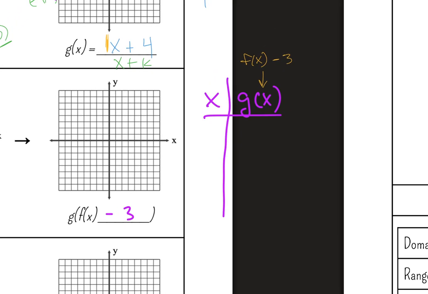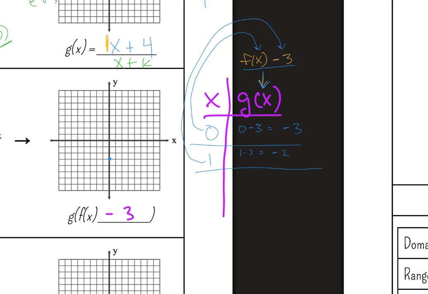So what we're doing is if I plug in 0, I'm plugging it in here because this is what's inside g of x, okay? So if I plug in 0, then I get 0 minus 3, which is negative 3. So when x is 0, y is negative 3. When x is 1, that 1 is going to go up here. 1 minus 3 equals negative 2.